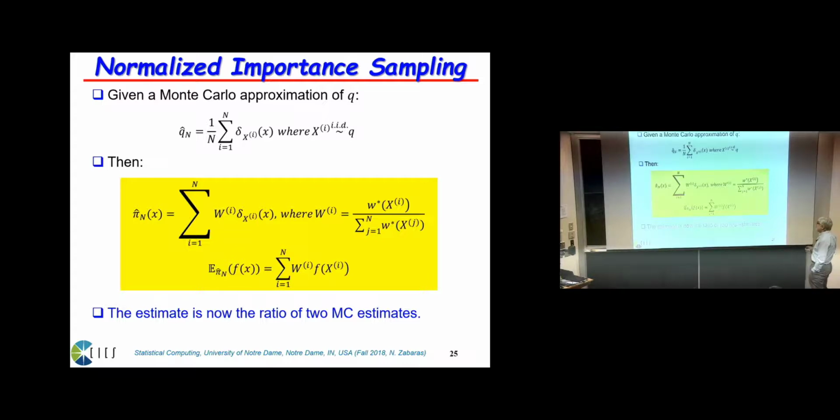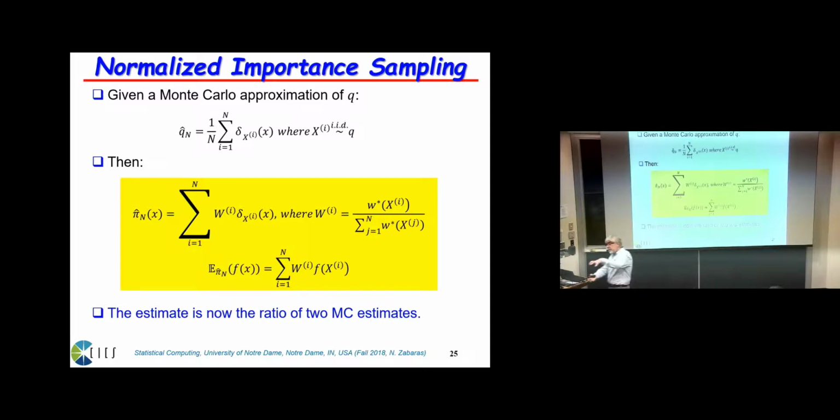Again, if you look at this estimator carefully, don't be confused, it is the ratio of two estimators. If you plug this in there, you will see W star at xi times f at xi, and then in the denominator you will see the summation, which is another estimate. This has implications in questions like, is this an unbiased estimate?